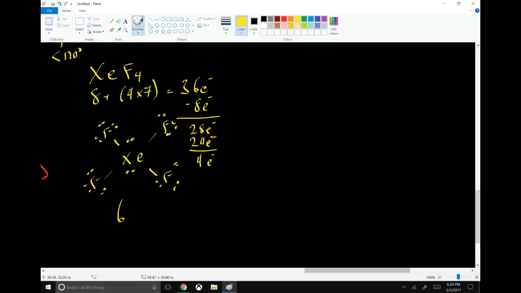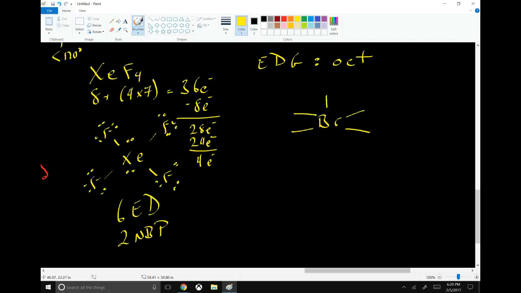So we have 6 electron domains and 2 non-bonding pairs. Our electron domain geometry is, of course, octahedral. So here is xenon in the middle. And now we have a choice for where to put our non-bonding pairs. Here's this non-bonding pair.